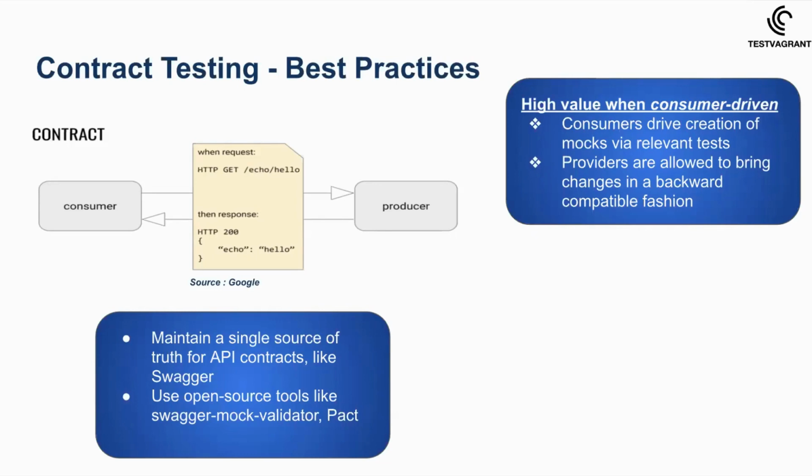And the second important aspect is providers in this case can do backward compatible changes. So let's say there's a change in the schema of an API response. One of the objects has been converted from a string to an object having metadata information with it. Now, one of the consumers is expecting a string value always, right? But the moment it changes to an object, your contract would fail.